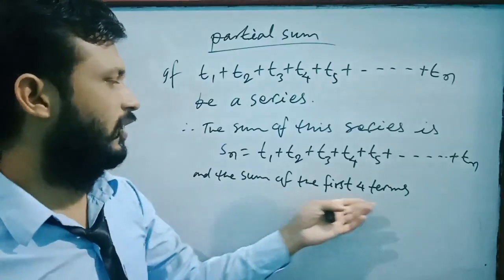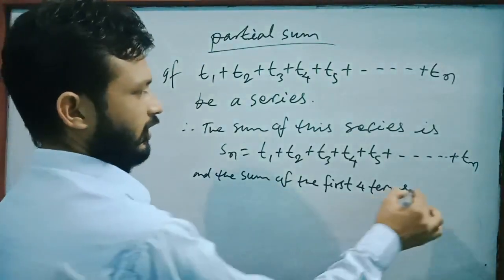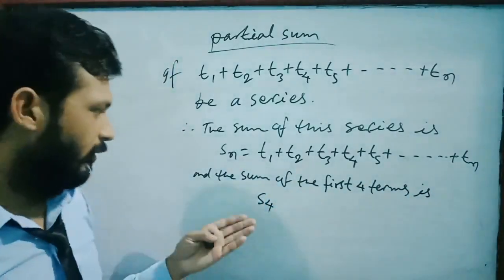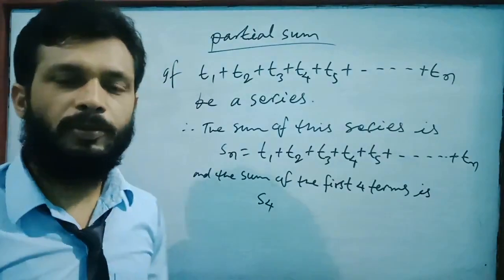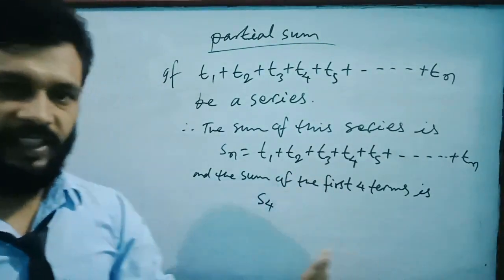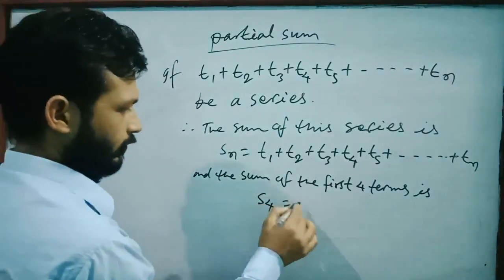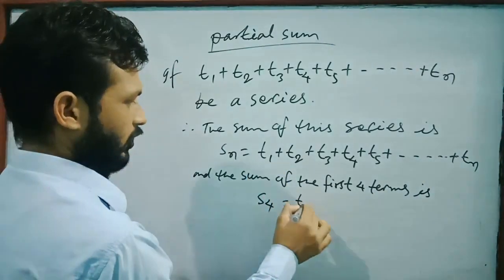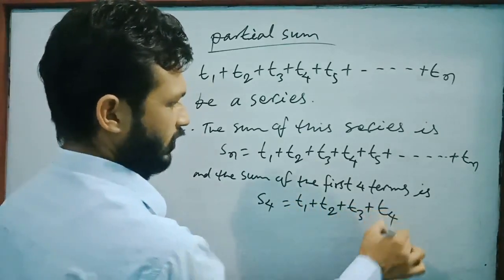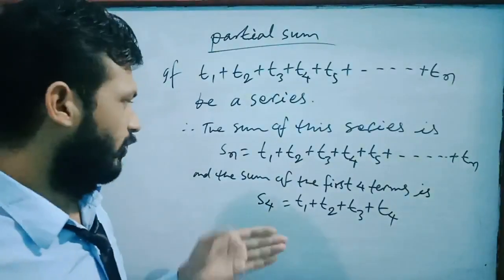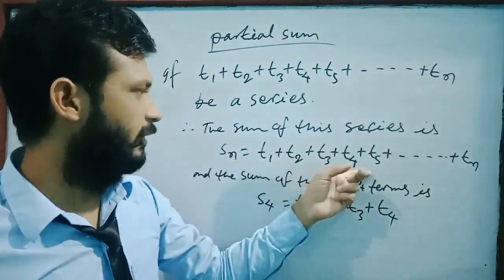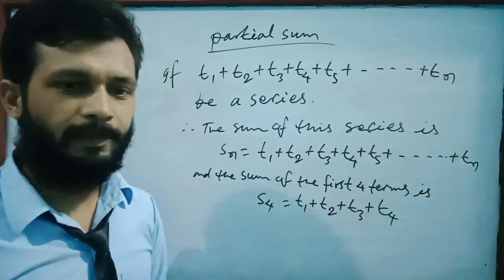The sum of the first 5 terms is S5, the sum of the first 8 terms is S8. So S4 is T1 plus T2 plus T3 plus T4. This much is the sum of the first 4 terms. Here the first 4 terms T1, T2, T3, T4 are given, so S4 equal to this much.